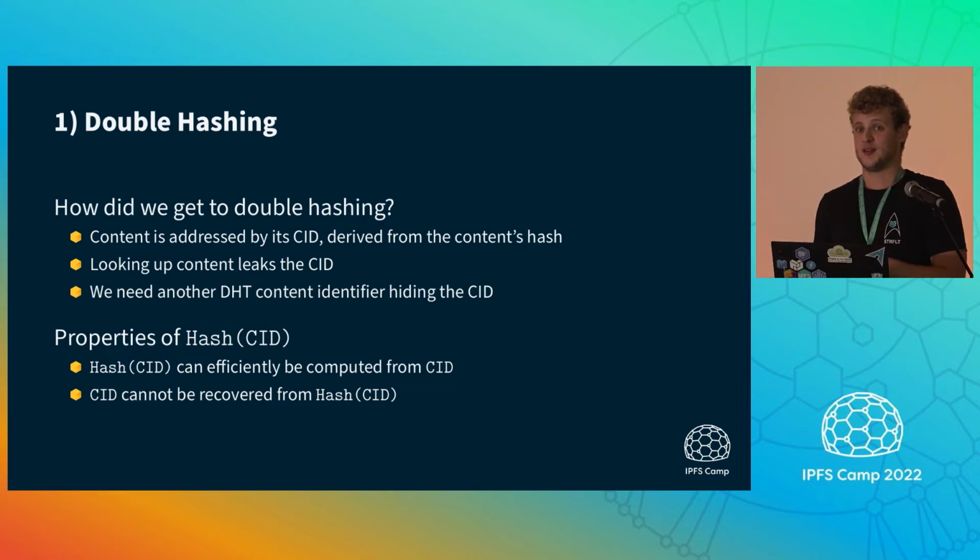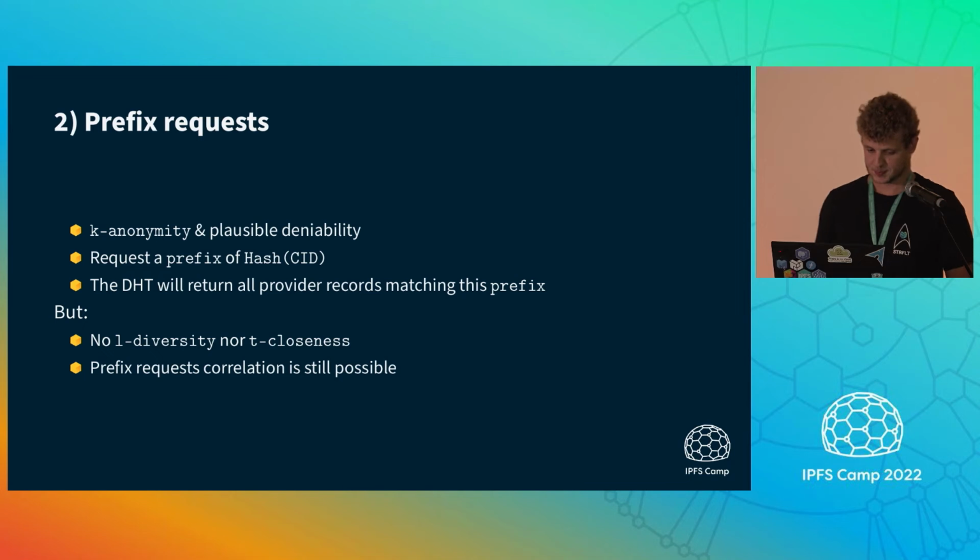This new identifier can be the hash of the CID, or you can hash the CID along with a constant, and that will be the DHT identifier, so the second hash.